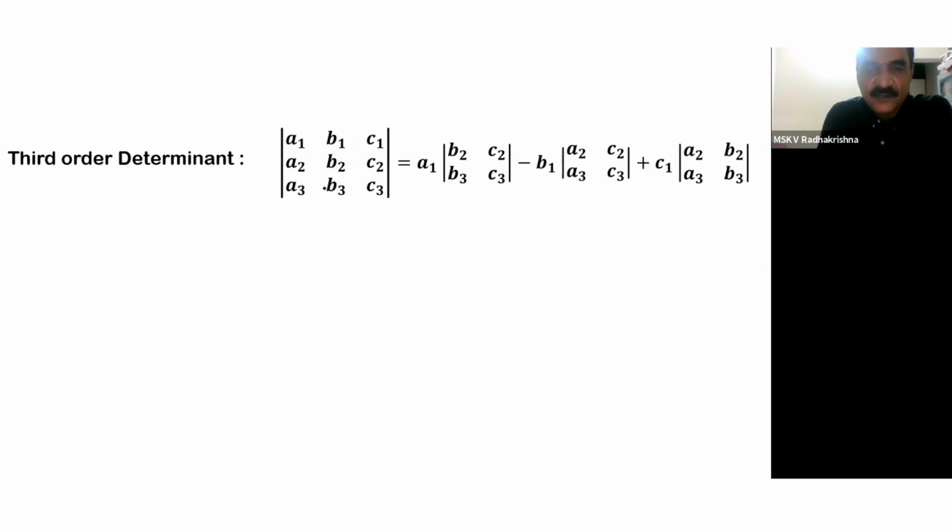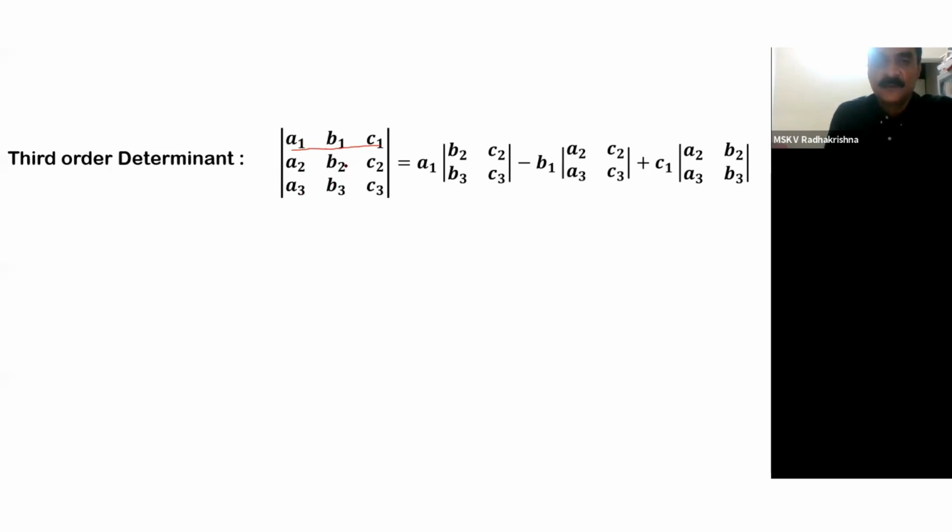Now, how to calculate the value of this third order determinant? There are 6 different ways to calculate this third order determinant. You can find the value of this determinant using first row or second row or third row, or similarly using first column or second column or third column.